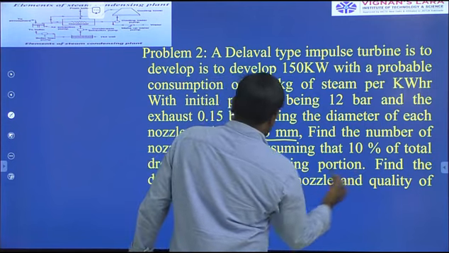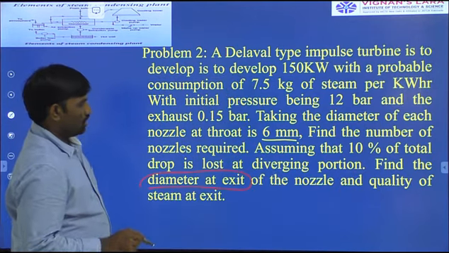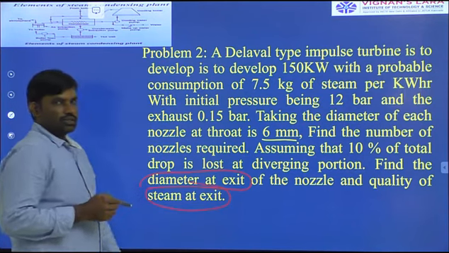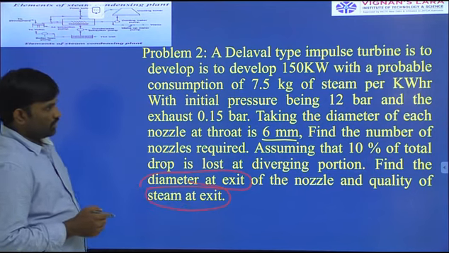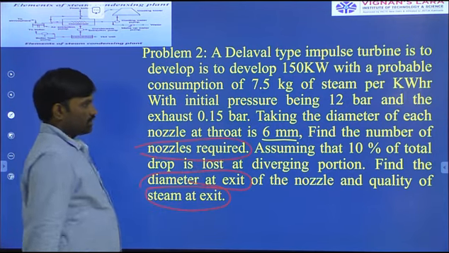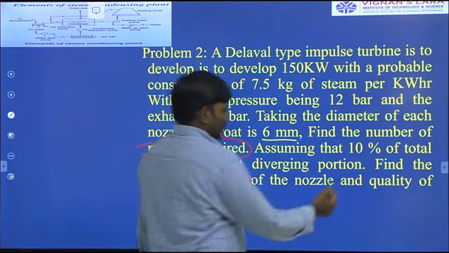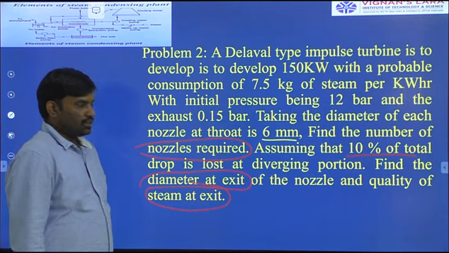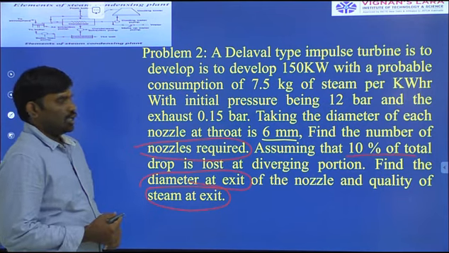You have to find the diameter at exit section and the quality of steam at exit section also. These two terms we also found in the previous problem. You have to find the number of nozzles required, and we have to assume 10% of total drop is lost at the diverging section.